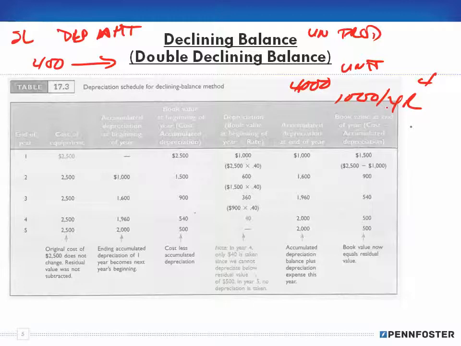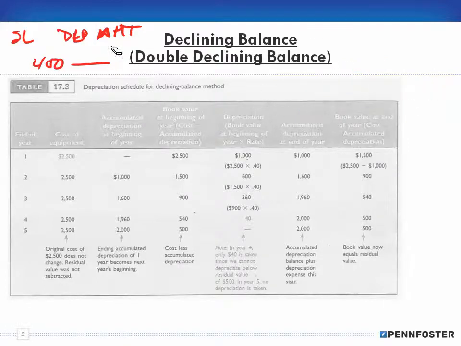So we calculated a per unit cost and applied that against each year. One year it might be a little less, the next year a little more than 1,000, the next year the same. It all depends, but for the most part the general amount of depreciation would stay the same over the course of the useful life.